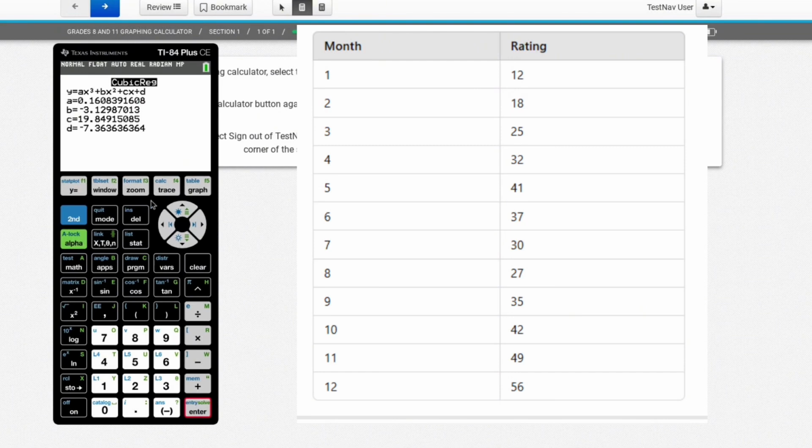So we're going to write out y equals 0.161 x cubed minus 3.130, because that's going to round up again, so that will be x squared, plus 19.849x minus 7.364. And so we'll go off to the side and write that out.